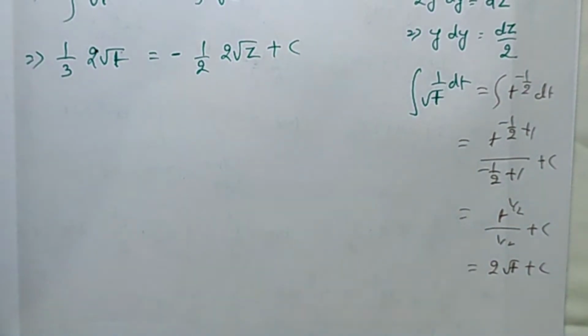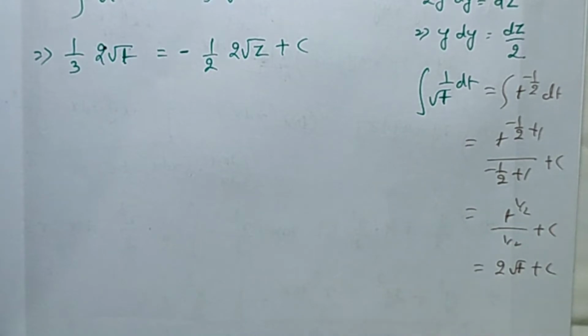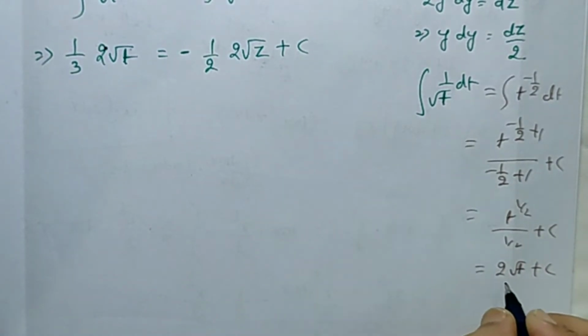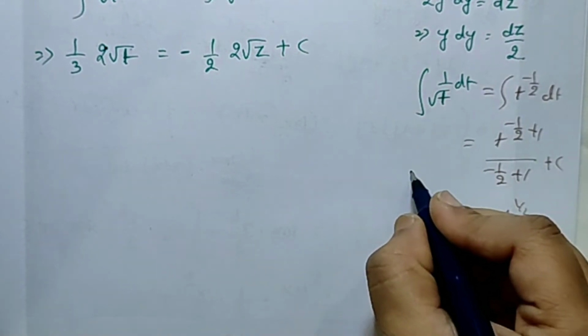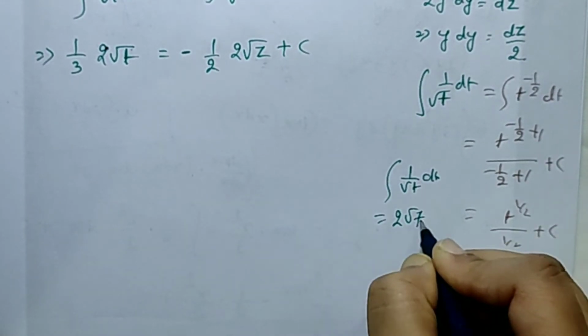Okay, so we have to memorize small things so that we can solve our question speedily. Accuracy matters, and accuracy plus speed is the important thing for solving a question in mathematics, so that you can succeed. So we know 1 by root t dt integration will be 2 root t.